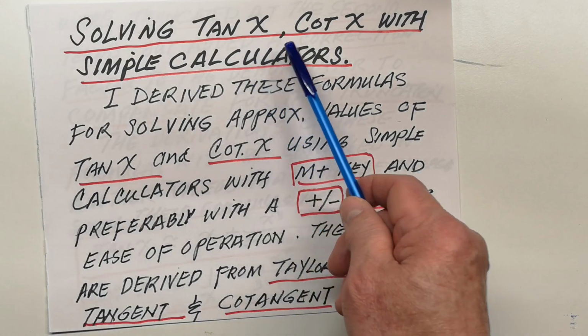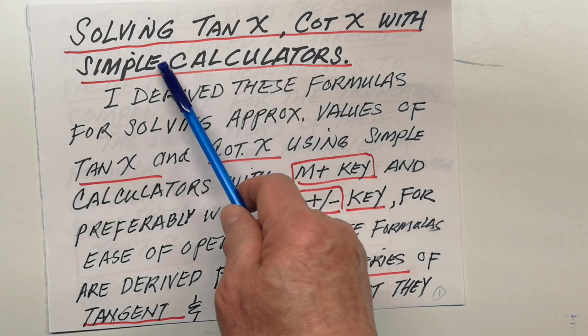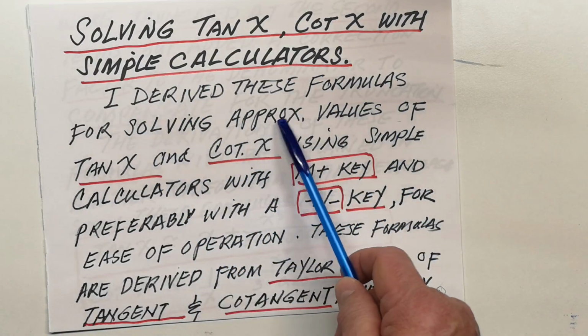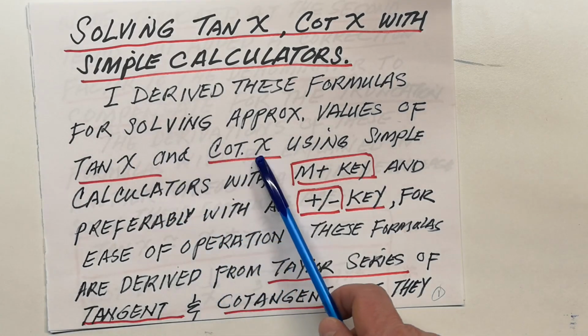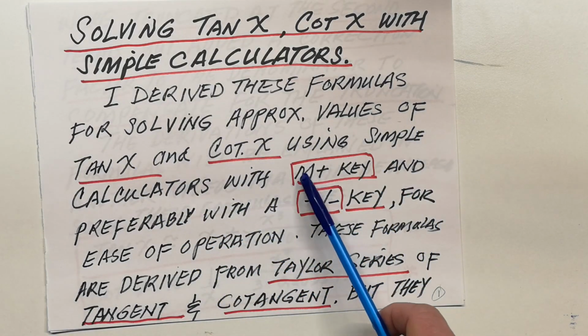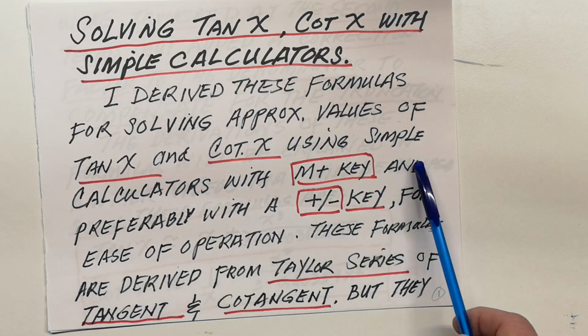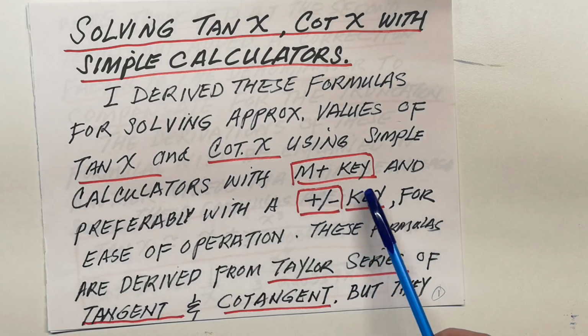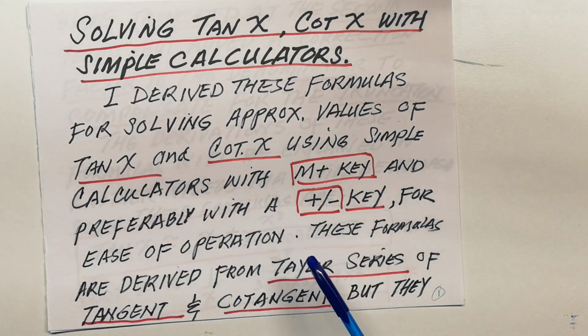Solving tangent x and cotangent x with the simple calculators. I derived these formulas for solving the approximate values of tangent x and cotangent x using simple calculators with the memory plus key, and preferably with a plus over minus, that's a change sign key, for ease of operation.